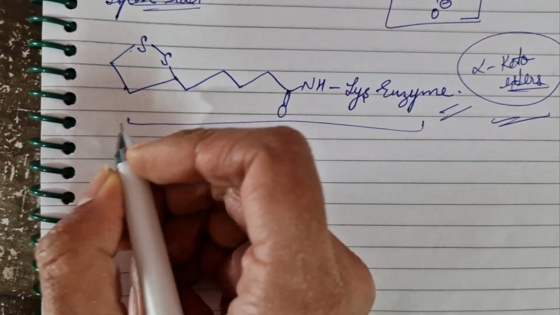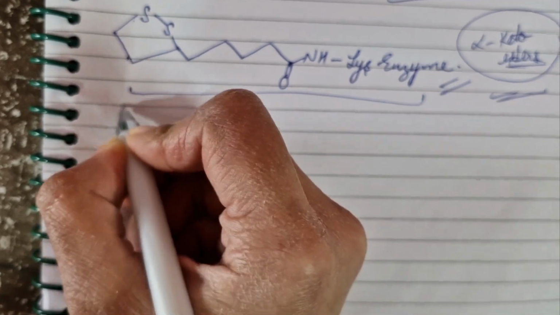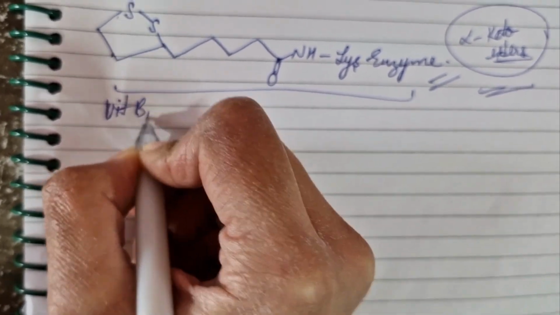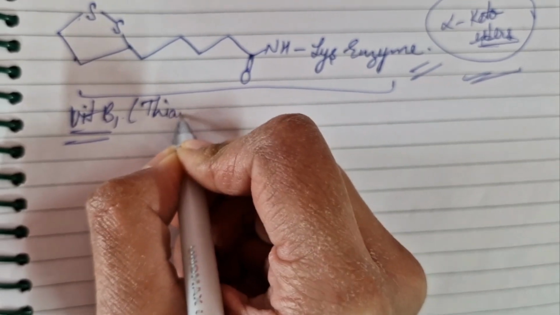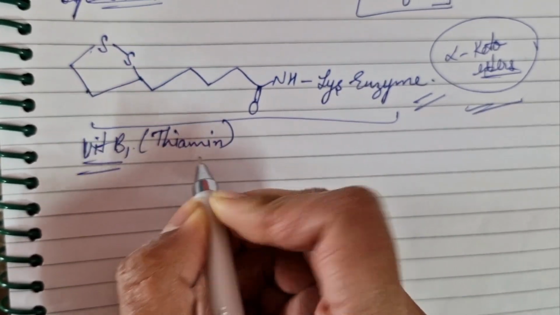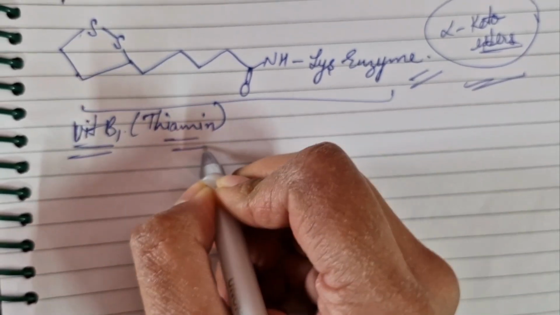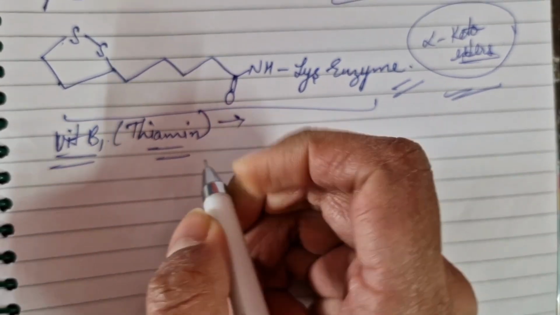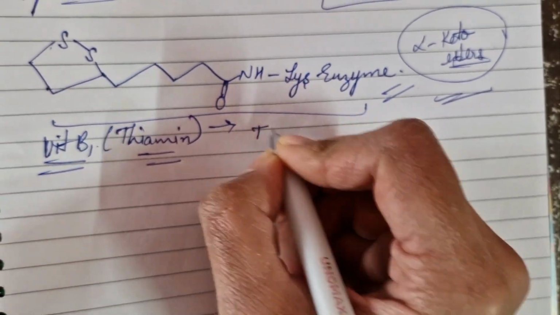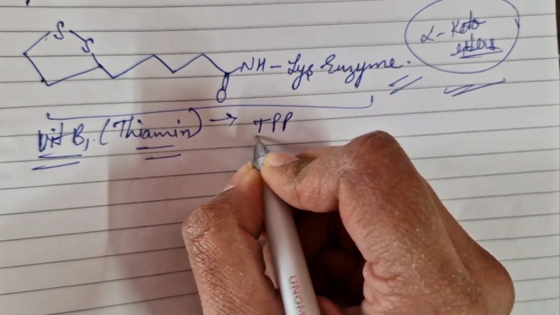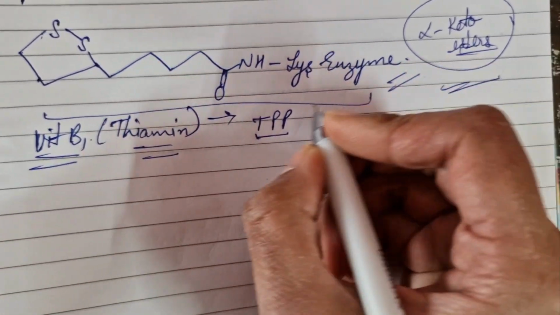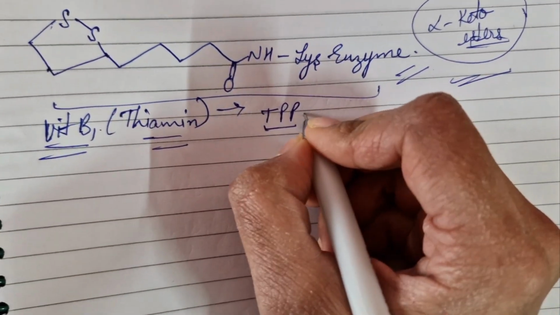Now we will study the coenzyme derived from vitamin B1, that is thiamine. And the coenzyme derived from this vitamin B1 is commonly known as TPP, which stands for thiamine pyrophosphate.